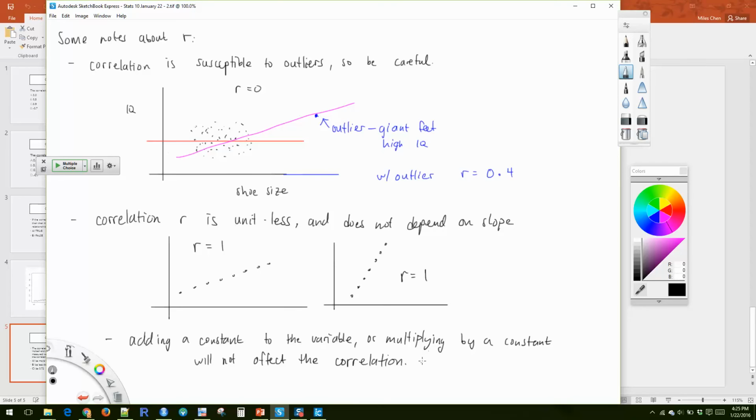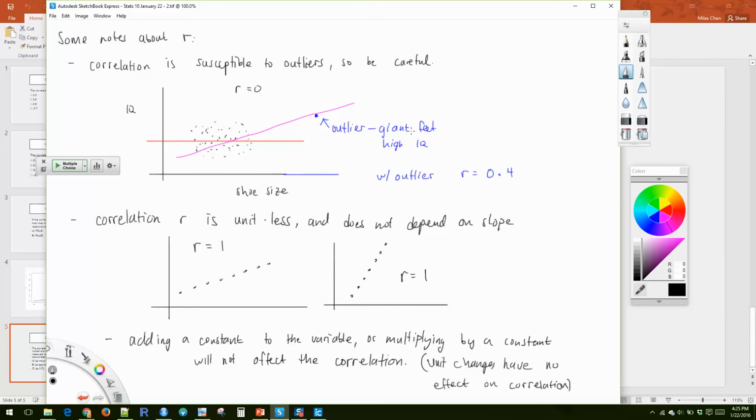So in other words, a side effect of this is that generally unit changes have no effect on correlation, okay?